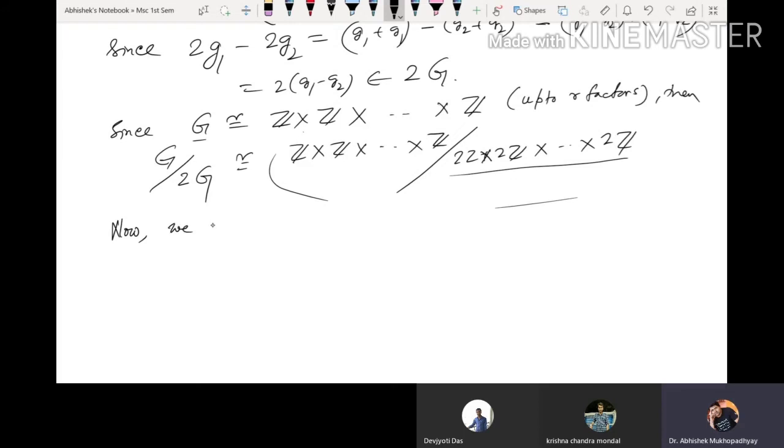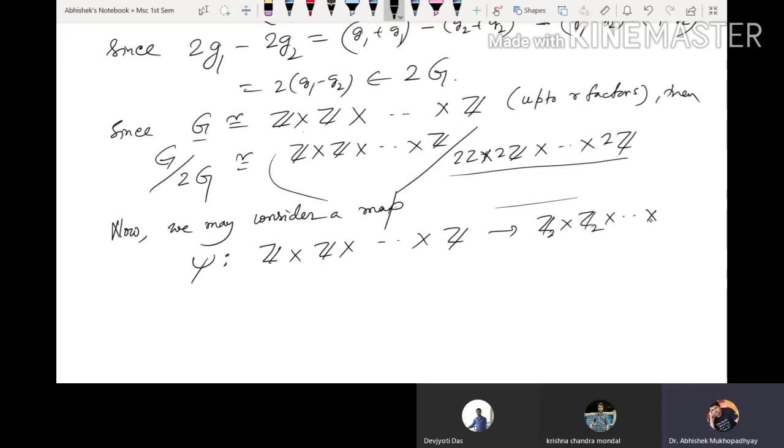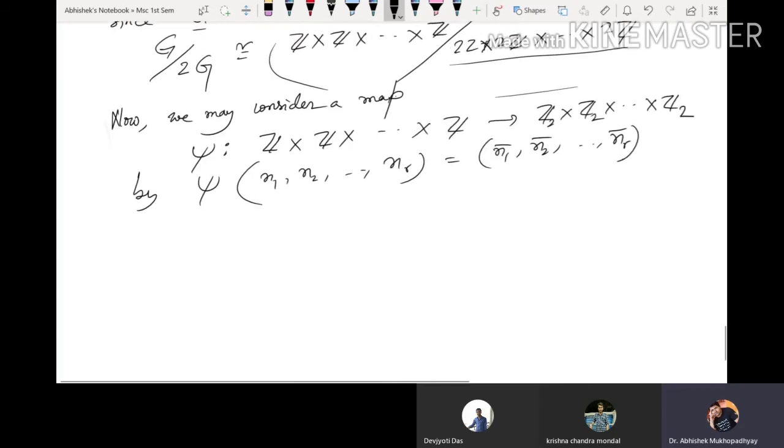Now we may consider a map psi from Z cross Z cross Z to Z2 cross Z2 cross Z2 up to R factors, by psi of (n1, n2, ..., nr) goes to (n1 class, n2 class, ..., nr class).